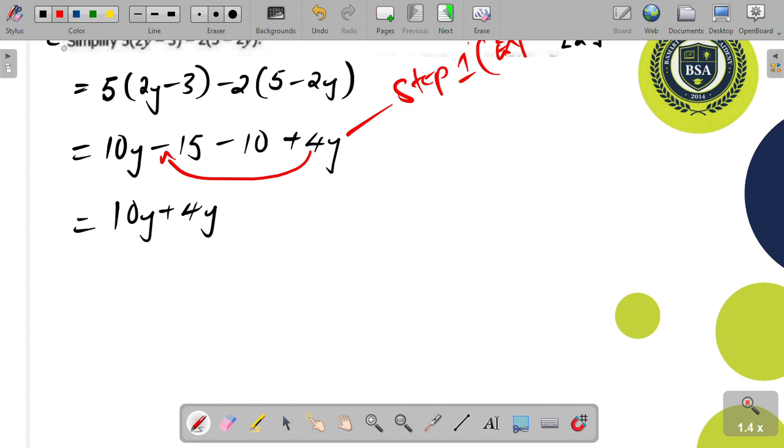Okay, we continue, and then we are grouping as well negative 15 and negative 10. Okay, so in our second step, we did what here? In step 2, we did what?